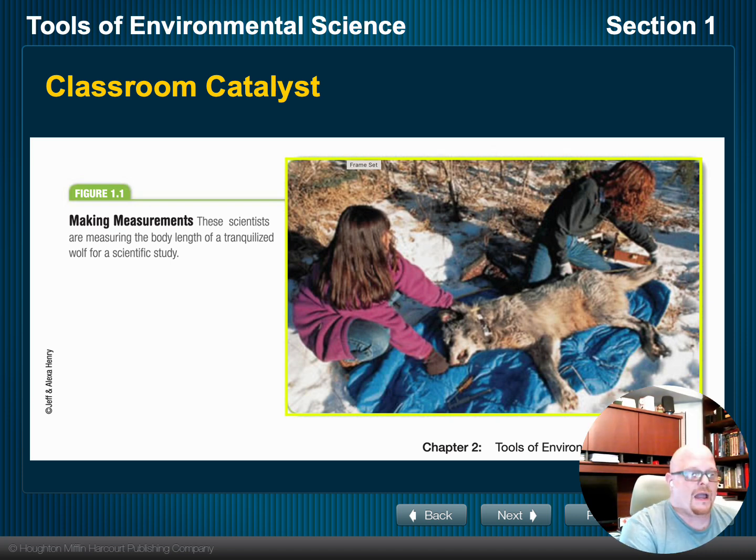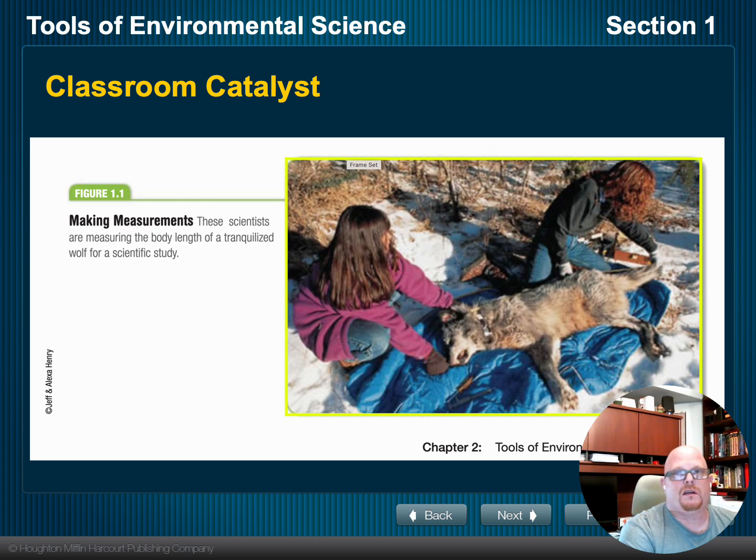I have this picture here of scientists who have knocked this wolf out, and they are measuring it. Now, it's tranquilized, they measure it, and then they tag it and send it back out.